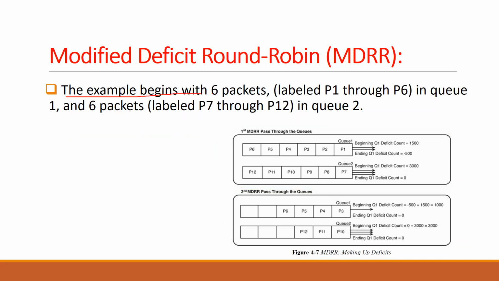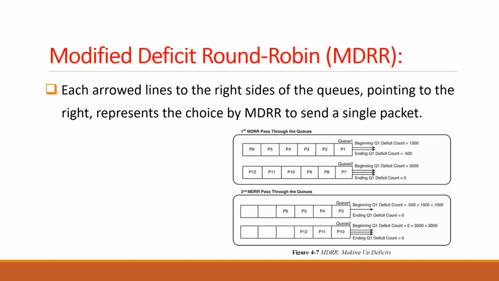The example begins with 6 packets labeled B1 through B6 in Q1 and 6 packets labeled B7 through B12 in Q2. The arrowed lines pointing to the right represent the choice by MDRR to send a single packet.